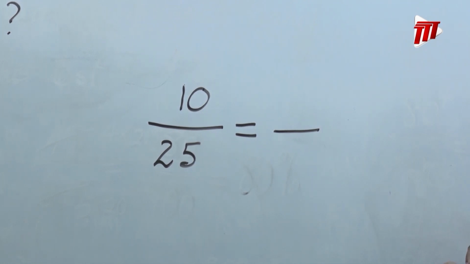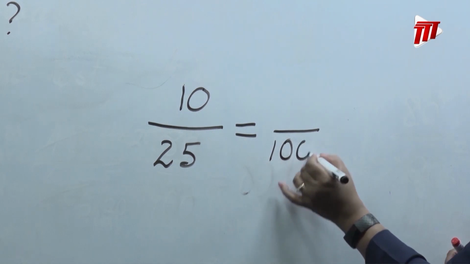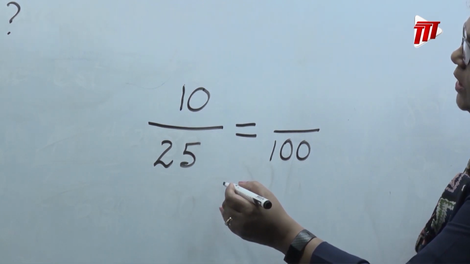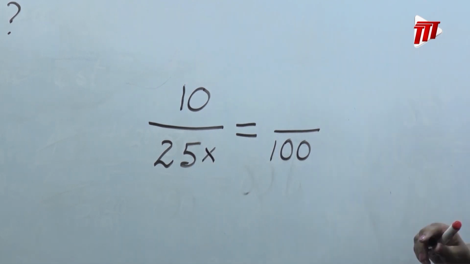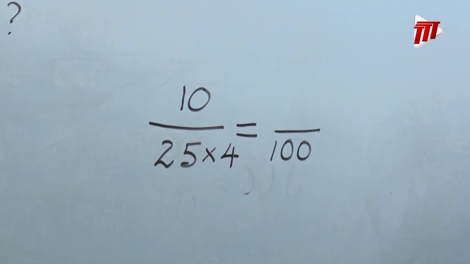So I want a percent, so therefore I want a fraction with a denominator of 100. So what am I going to do to this 25 to get 100? As we know with equivalent fractions, we multiply numerator and denominator to get the equivalent fractions. So I know that 25 times 4 will give me 100.